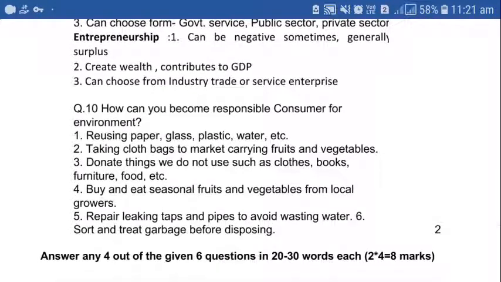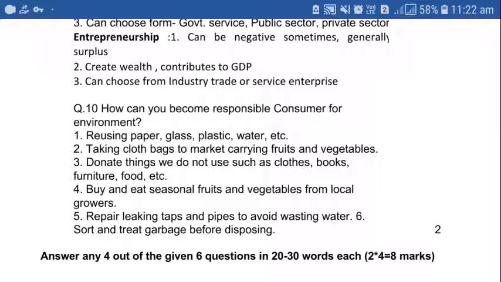Question number 10, how can you become a responsible consumer for the environment? So how can you become a responsible consumer for saving the environment, how you do your work as a consumer.